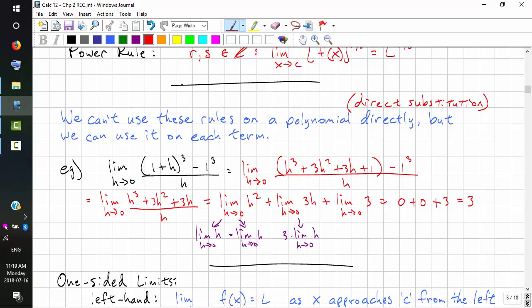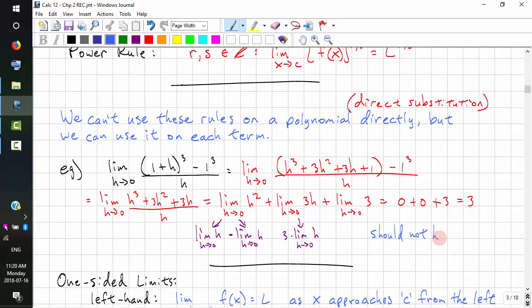Now, very important, when we're doing this, we should never be left with something over h. Because if we're left with something over h, we've done something wrong, because we're dividing by 0. The h in the denominator should cancel out. And if you haven't done that, it's incorrect. So let's put that down as a note.